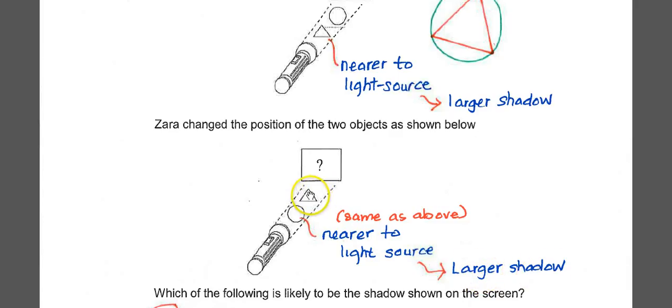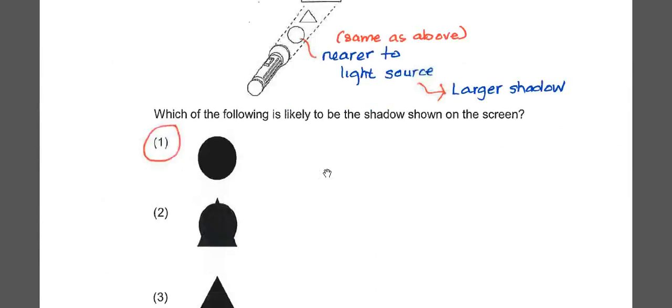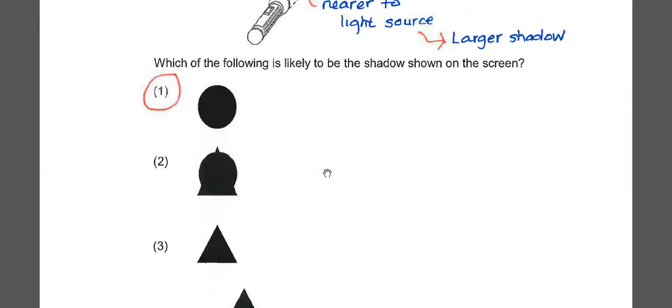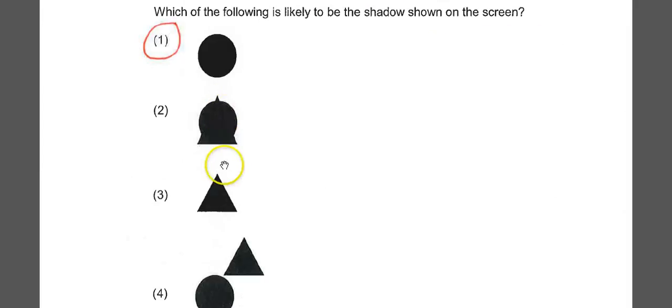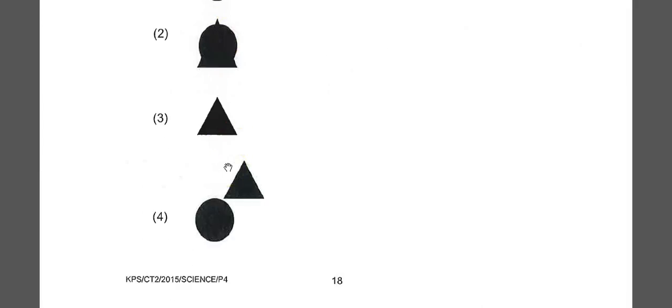If the shadow is created, the shadow is very small and it covers here. So the answer should be 1. All right, totally a circle. It cannot be this, definitely not. Okay, that's all at this moment.